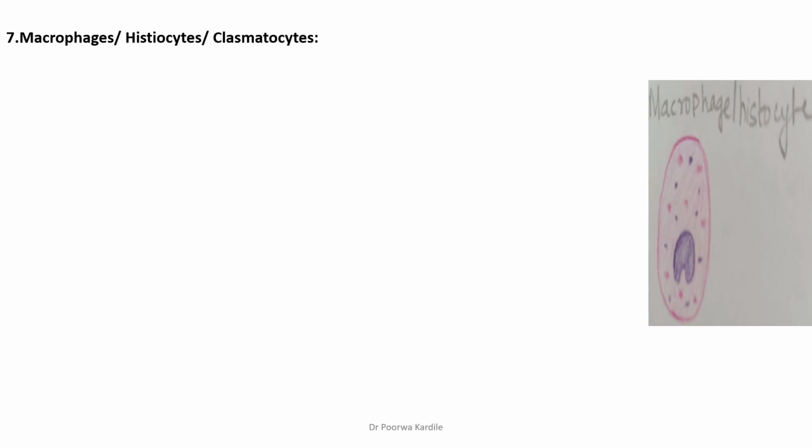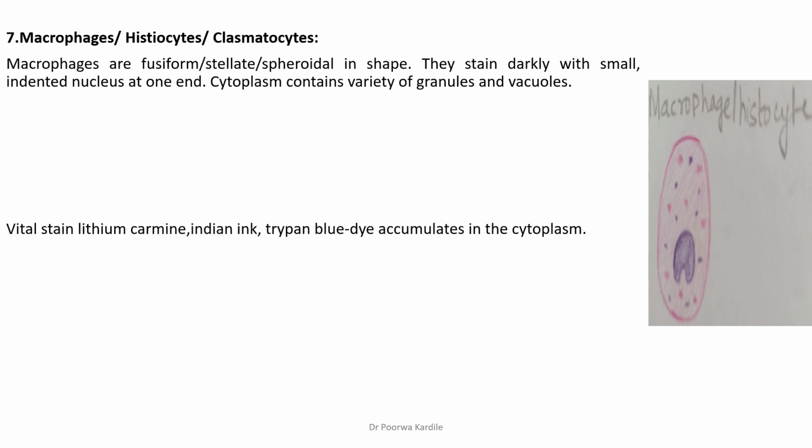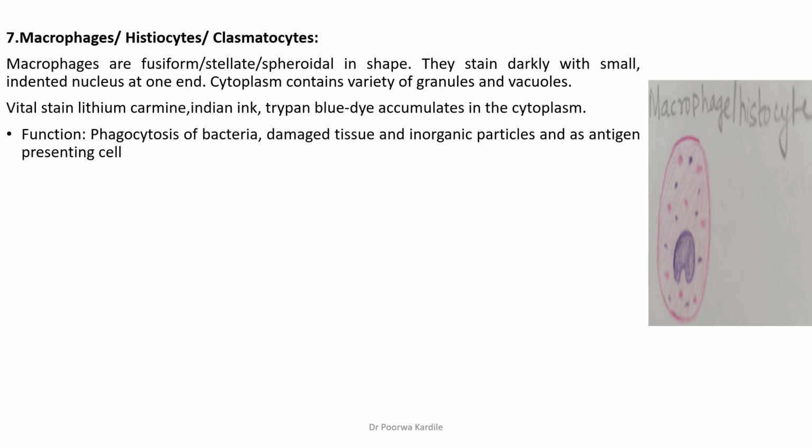The macrophages are also known as histiocytes or plasmatocytes, and if we see in the figure, they are either fusiform, spheroidal or stellate shaped. They have a very small indented nucleus at one end, and the cytoplasm has a variety of granules, and it can be stained with vital stains like lithium carmine.